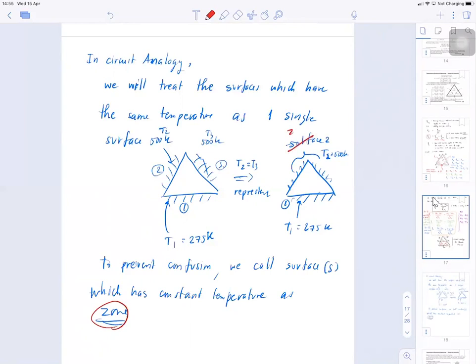We call it zone. And this is zone 1. This is zone 2.